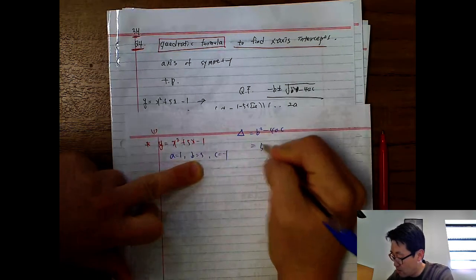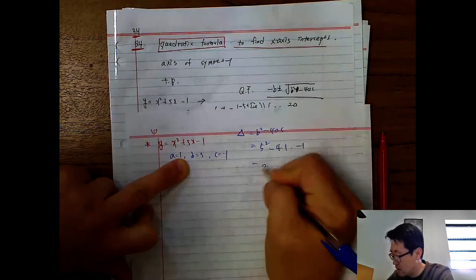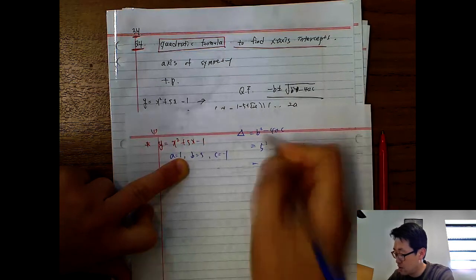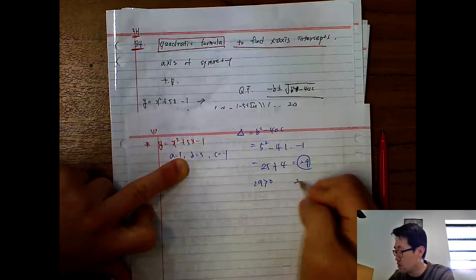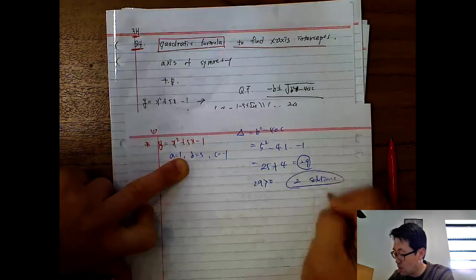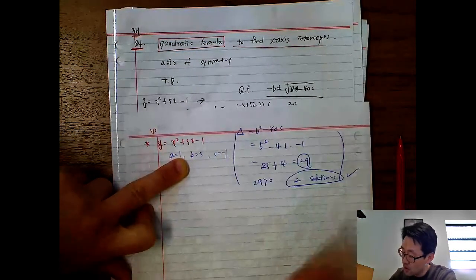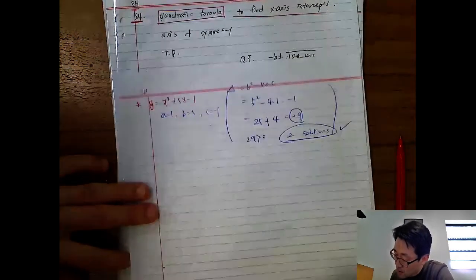B squared, 5 squared, minus 4ac. 25 plus 4, 29. 29 is bigger than 0, isn't it? So, 2 solutions. So I know, I mean, you don't have to show, okay? You don't have to show, but I know there are 2 solutions, okay?